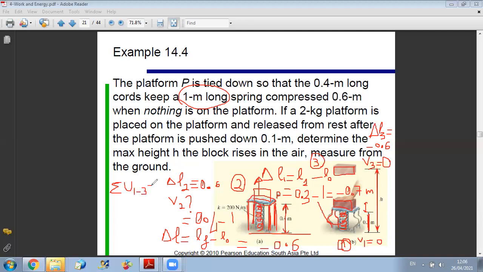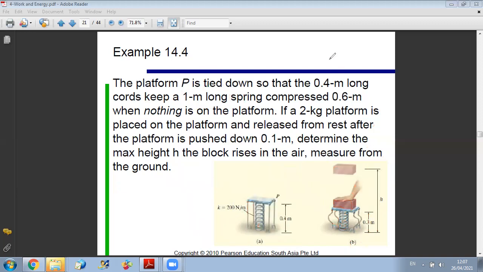And between 1 and 3, what are the forces that are doing work? What are the forces acting on the block between 1 and 3? If I ask you to draw the free body diagram of your box, okay?